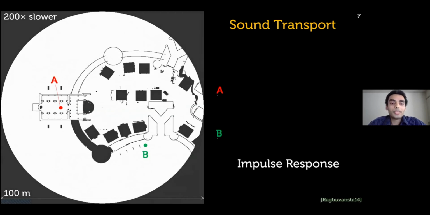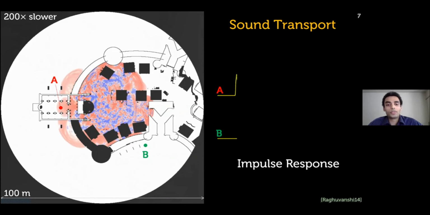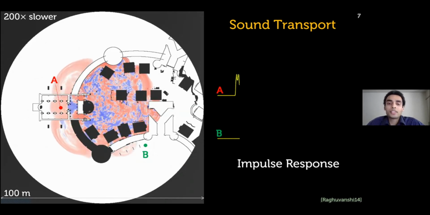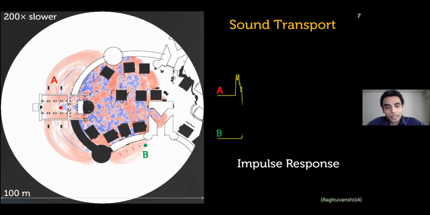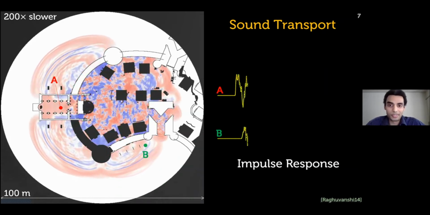We start a pulse source at a point, as shown on the left. Sound waves bounce and diffract around the geometry. They first reach listener point A, and then B, diffracting across the castle walls. Impulse response, shown on the right, records these acoustic wave interactions between the source and listener.